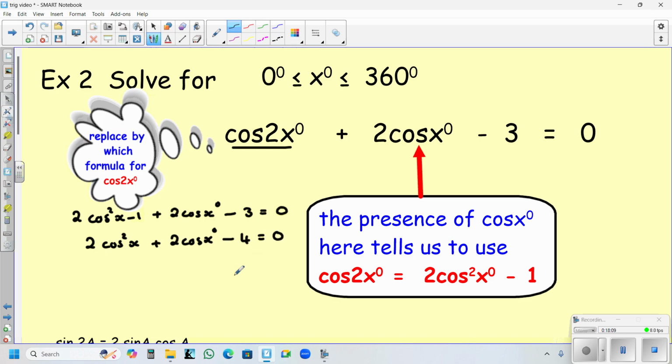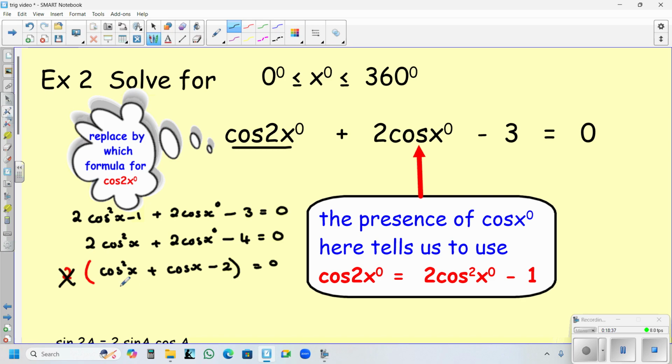Now we're going to factorise, but right away I can see there's a 2 and a 4. So I'm going to take out a common factor of 2. And when I take out a common factor of 2, that gives me cos squared x plus cos x minus 2 is equal to 0. Now, divide both sides by 2. That disappears. Nothing divided by 2 is still nothing.